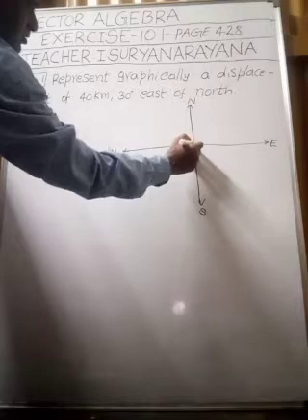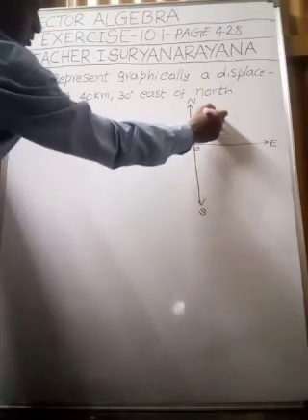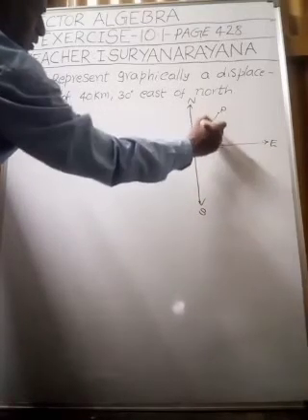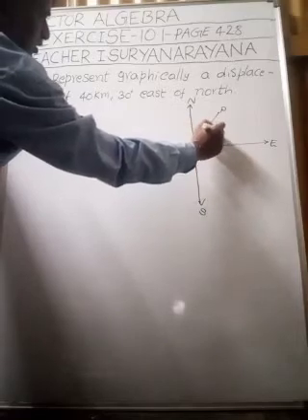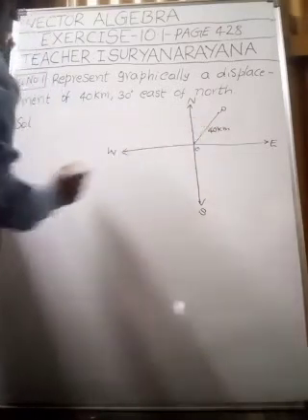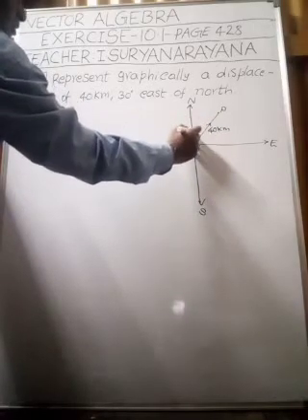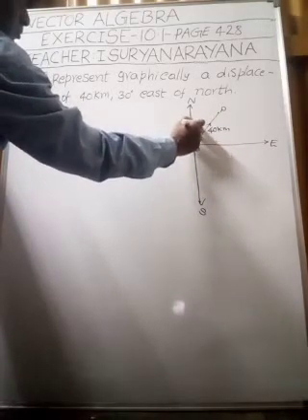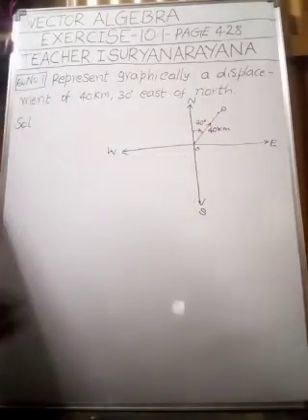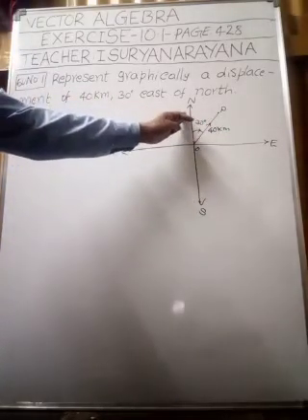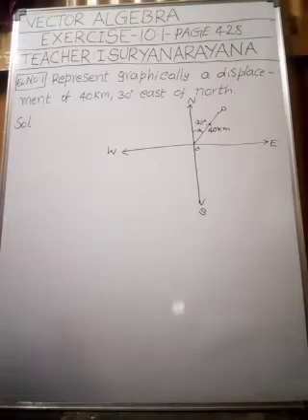Like this. This length is 40 kilometers. So this is a displacement, 30 degrees east of north. From the north side, we have to measure the angle 30 degrees. Understood this point, my children?